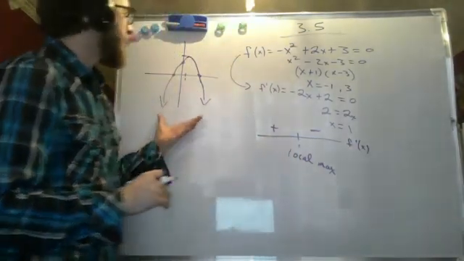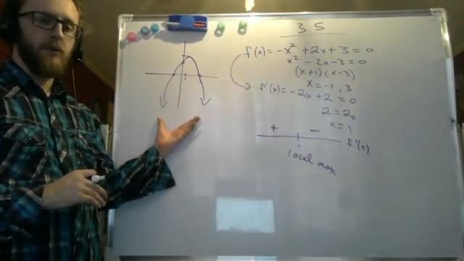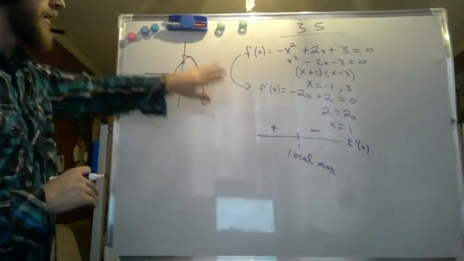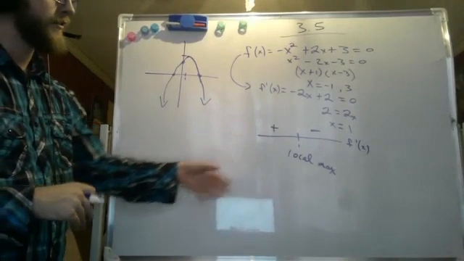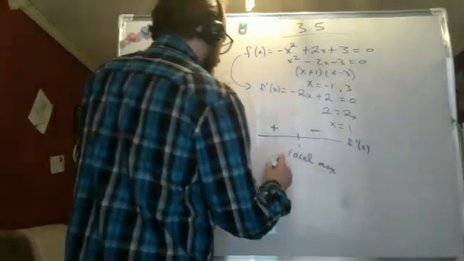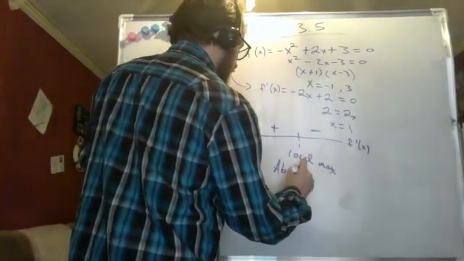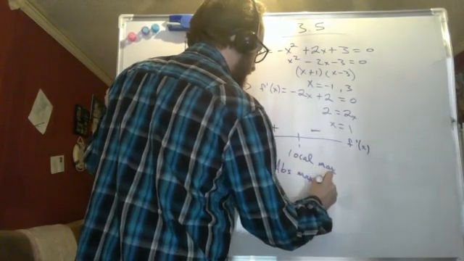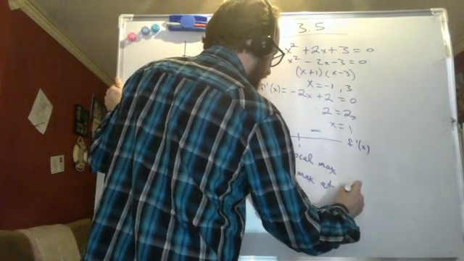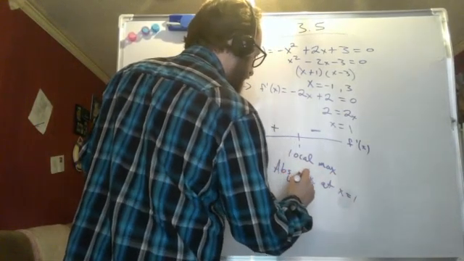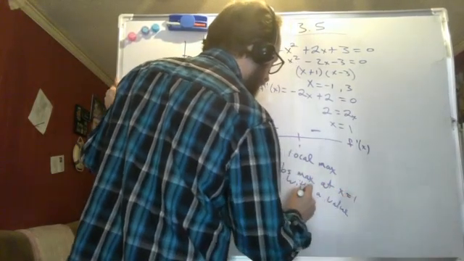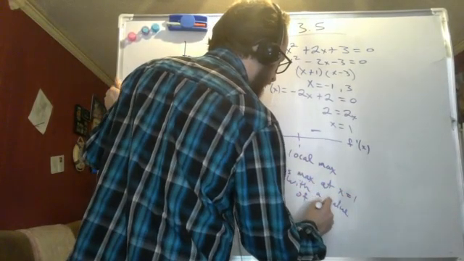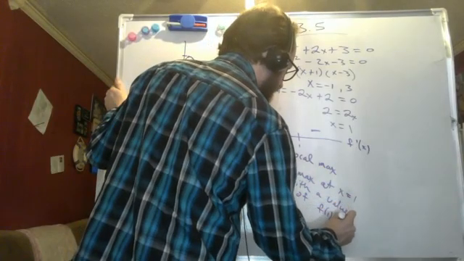And really, that's the same thing we get from the picture, except if you don't have the graph, then you can use this kind of test to figure out what we have. So, in this case, we have an absolute max at x equals 1 with a value of f of 1, which equals 4.